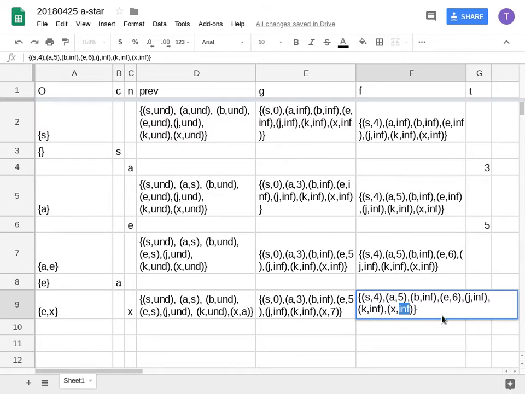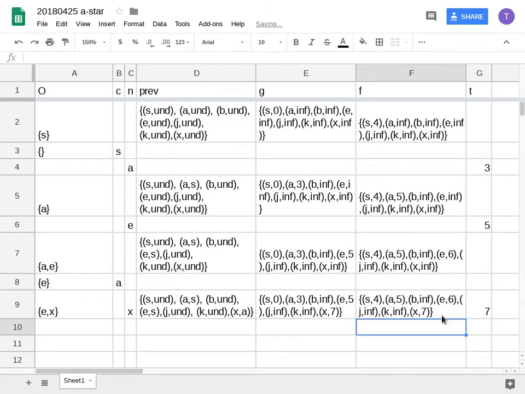It has to be 0. Is that making any sense? So g of x in this case is the same as f of x, which is 7 also. Are we doing okay so far? Yes? Okay, all right.